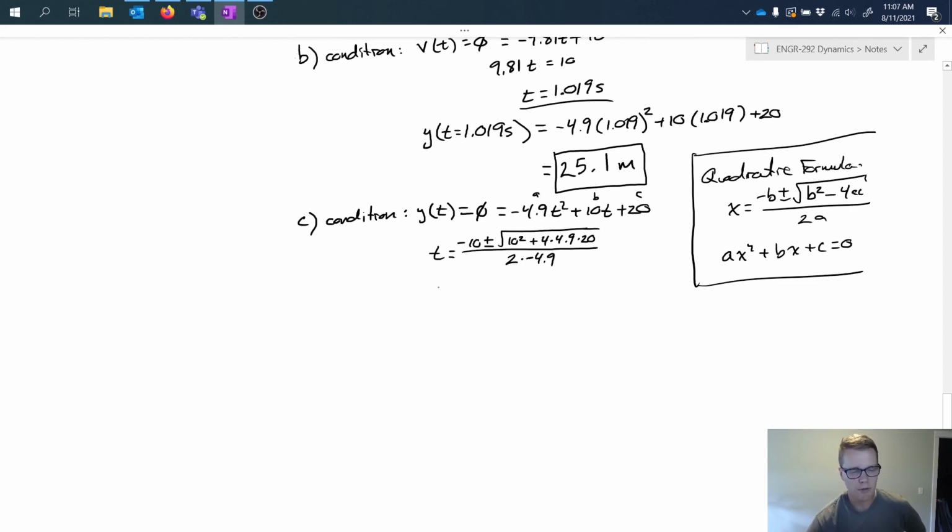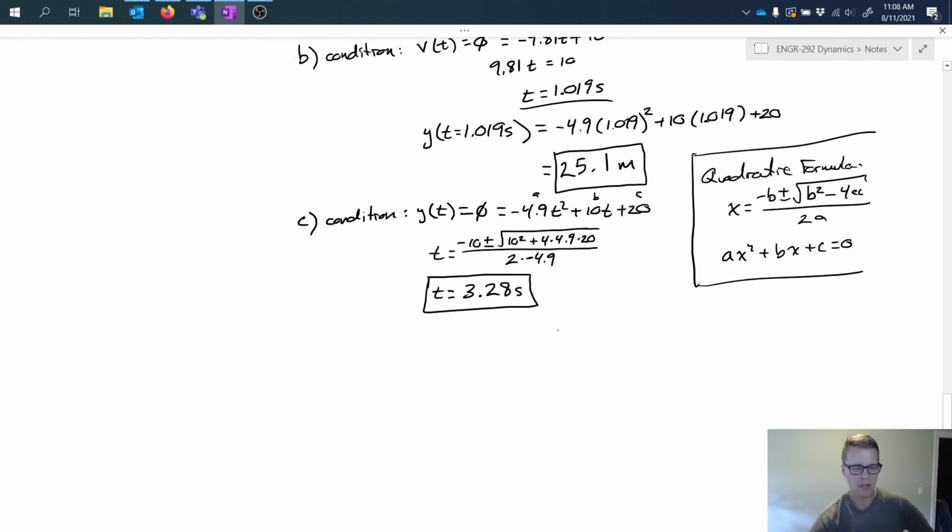So if you solve this, plug it into your calculator like I did, you come up with two possible answers, one being 3.28 and the other being negative 1.24. Of course, the negative answer doesn't really make sense because we're not going back in time. So for our purposes, only the positive answer makes sense, and we get that the time at which the ball strikes the ground after the initial point that we defined would be 3.28 seconds later.